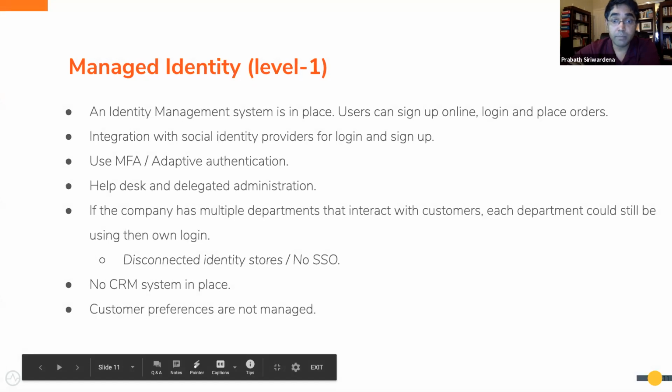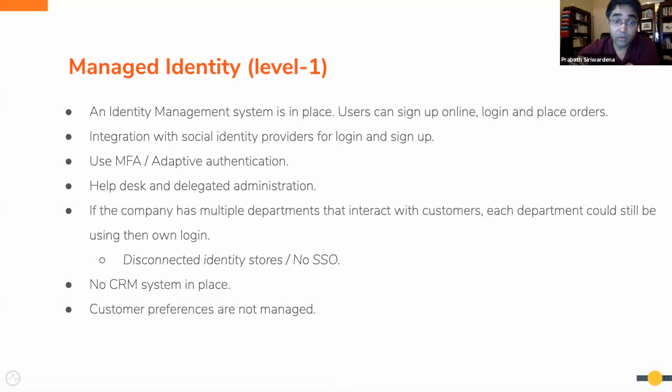Level 1, or the managed identity phase: you only worry about onboarding your customers to the system and digitally managing their identities. Even under level 1, the emphasis different companies put on how they want to manage their customer identities varies.